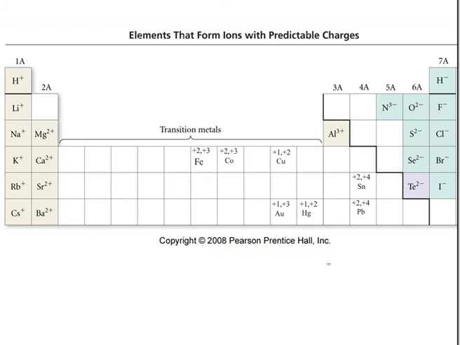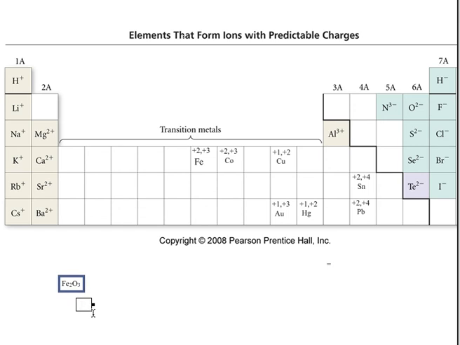We're going to use this, and I'll talk more about this later, in predicting the oxidation state of elements in compounds. For instance, if we had the compound Fe2O3 and we wanted to know the oxidation state of iron, we know that oxygen is always going to be -2 in 99% of the compounds we look at.